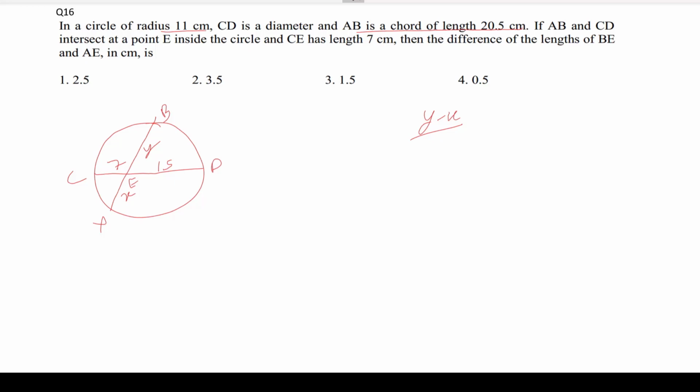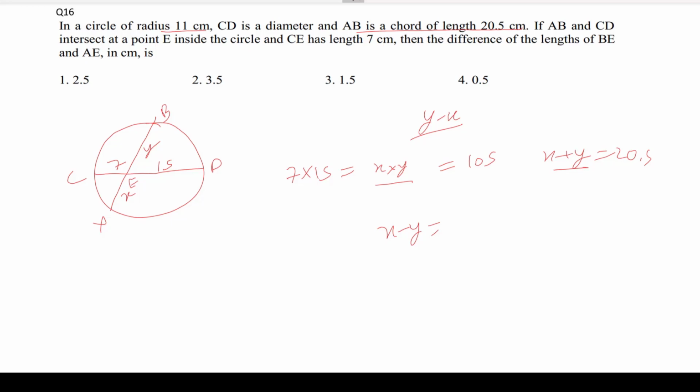From the theorem, XY will be 105, and it is given that X plus Y is 20.5. So now we have XY and X plus Y. We need to find X minus Y. So we can find it using the basic formula: X minus Y equals the square root of X plus Y whole square minus 4XY.